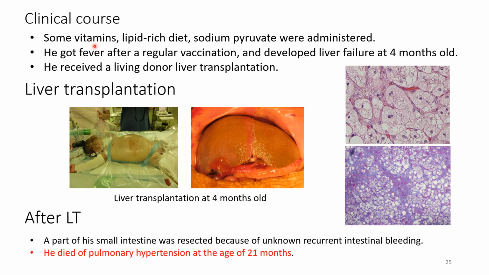For the clinical course, some vitamins, a lipid-rich diet, and sodium pyruvate were administered. His liver function temporarily improved, but he got a fever after regular vaccination and developed liver failure at 4 months of age. He received living donor liver transplantation.